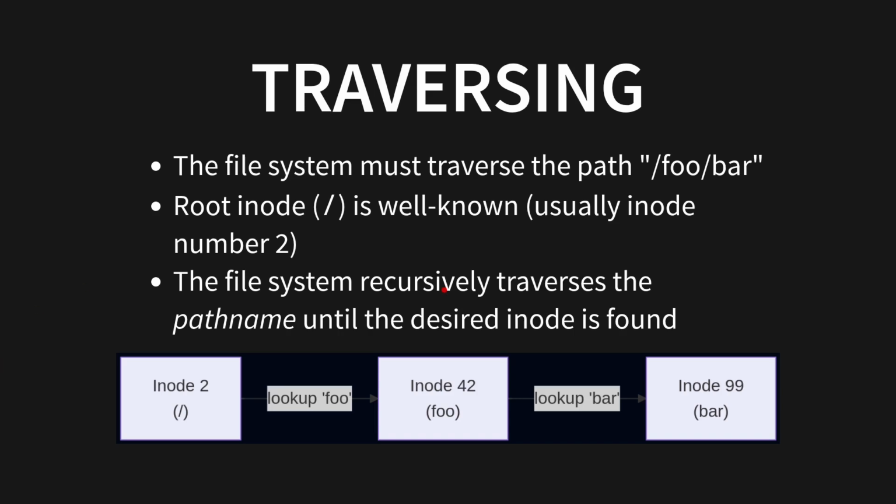So we find that inode 42 is the inode for foo, and we do the same thing for foo. We find within its directory entries that there is a file named bar with inode number 99, and this is how the file system finds the inode representing the file bar.